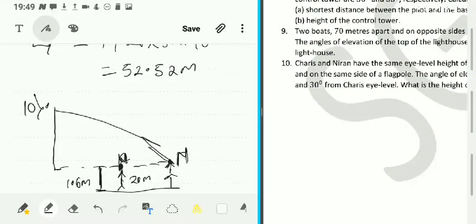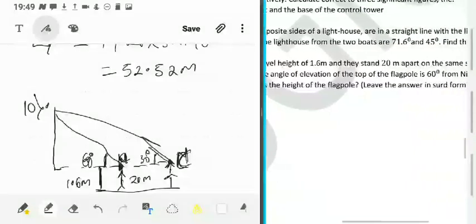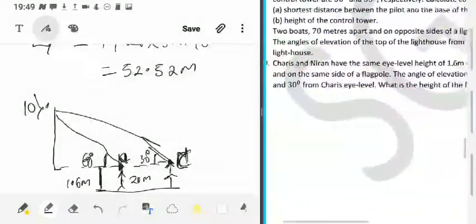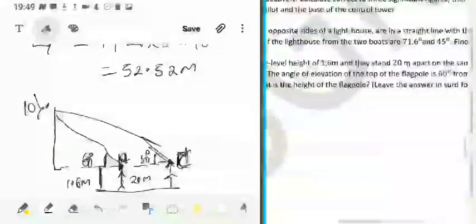Let me use this as Neuron, let me use this as Caris. I will still draw it very well. 60 degrees, 30 degrees, angle of elevation. What is the height of the flagpole?